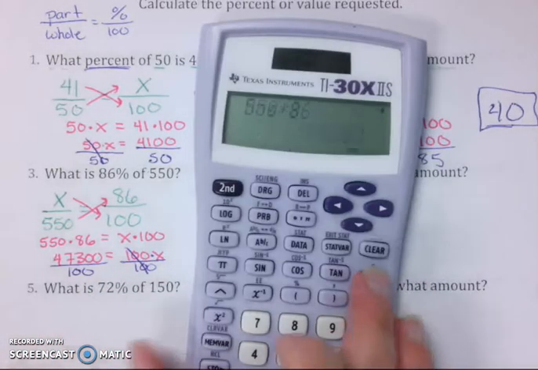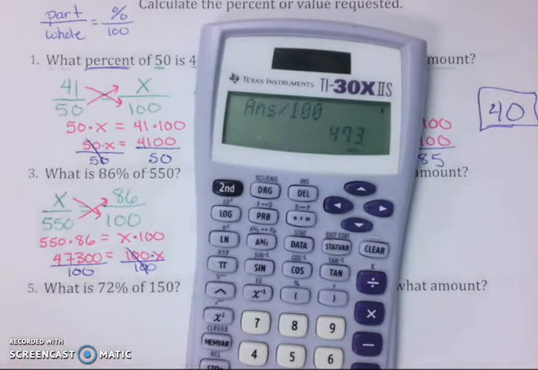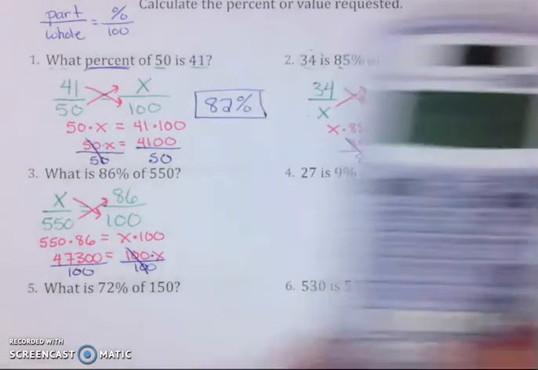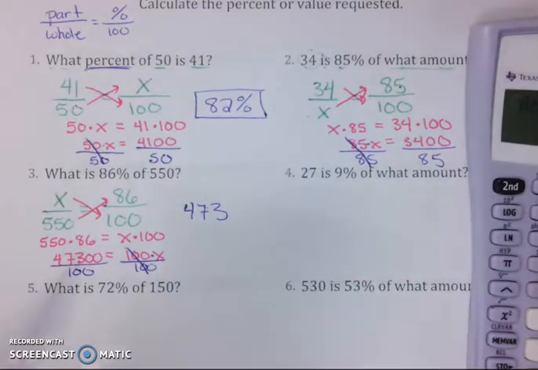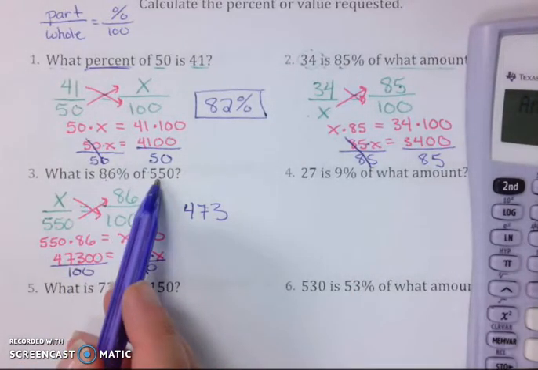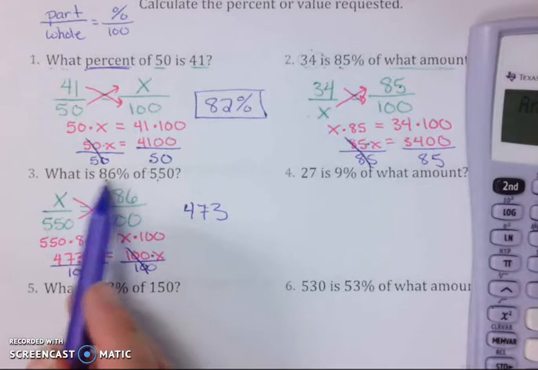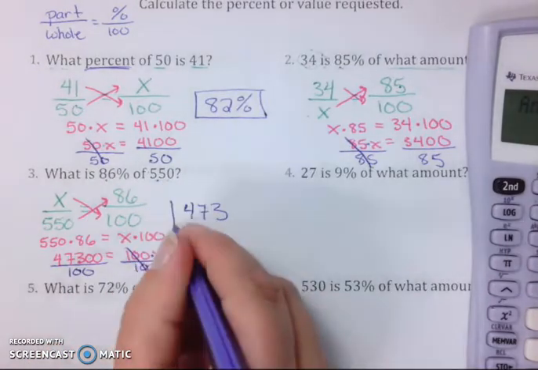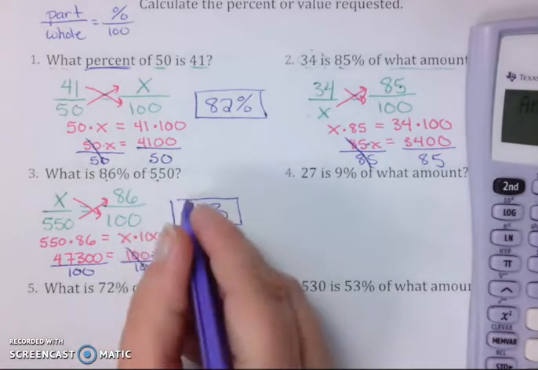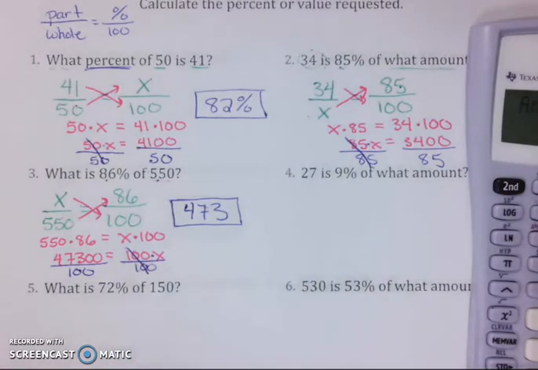So when you take this number divided by 100, you get 473. Now, does that make sense? 86% of 550. So again, 86 is a large percent. It should be over half. 473 is over half. It's close to 550. So it sounds like it's correct.